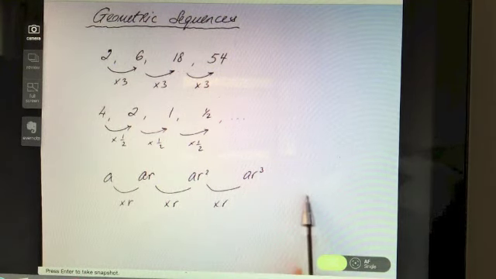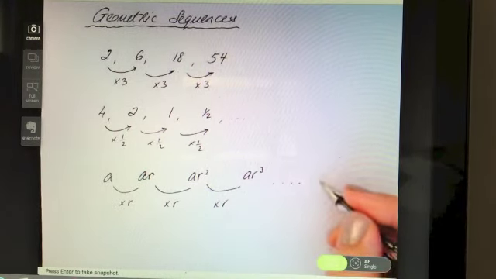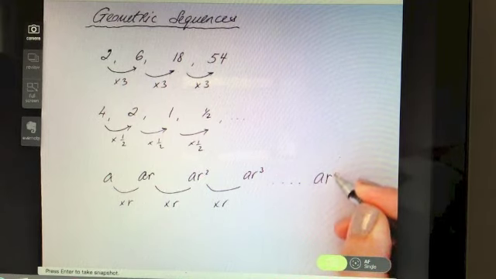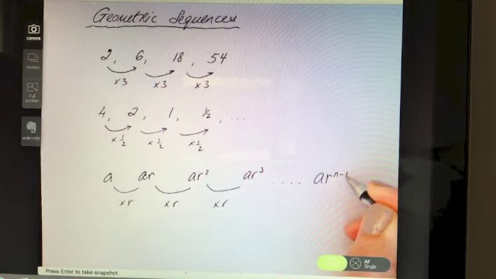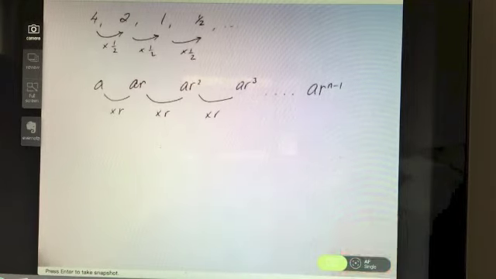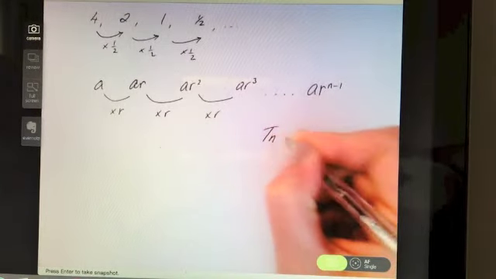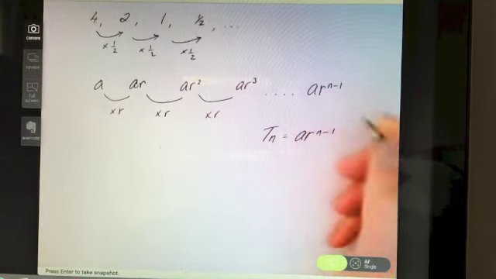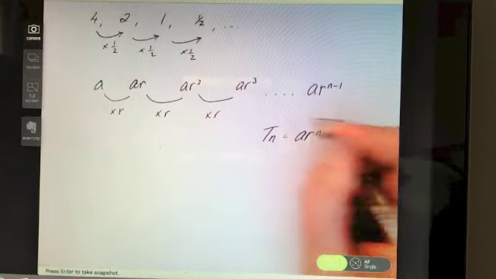The 20th term would be ar to the power of 19, which would lead to the nth term being ar to the n minus 1. And that is what is in our log tables. We have an expression for the nth term of a geometric sequence: a times r to the power of n minus 1.